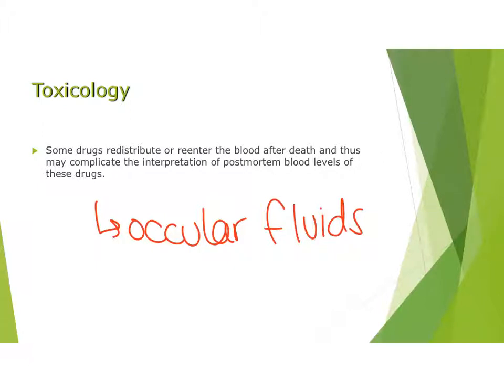So since we have a little bit of time, now that we know what happens when we have a normal looking corpse, let's talk about an abnormal looking corpse. So these are going to be your stages of decomposition.